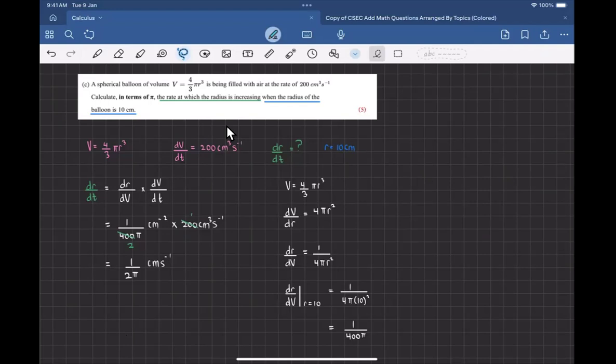Okay, so what are the main things we pull out from the question? The volume. Well, it could be a different question, it doesn't have to be volume. What are the main things you want to pull out in these types of questions?